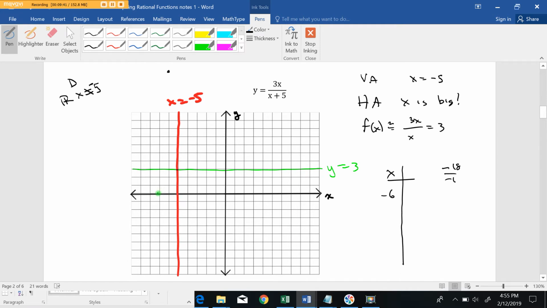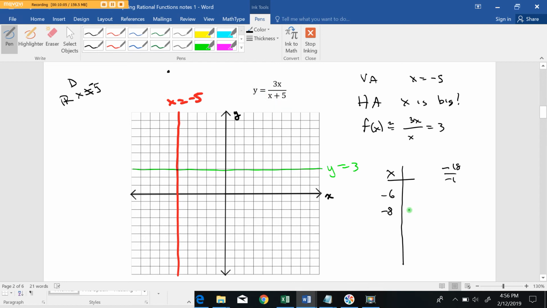So negative 7, let's try negative 8. We get minus 24 up top, and if we put negative 8 into our function, we get minus 3 in the bottom. So we get 8 out of that.